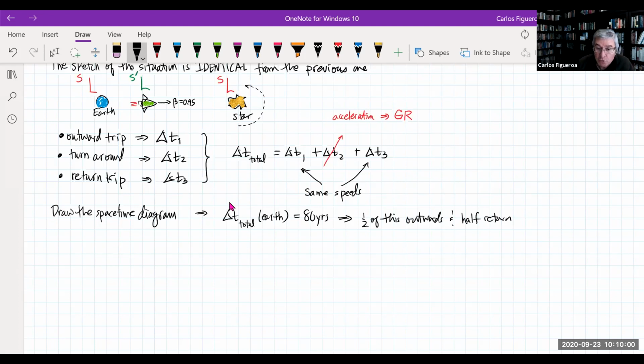I have two frames of reference that I have to consider, the Earth and the star. I agree that they're in the same inertial frame of reference, but they are spatially separated. So when I come in and I draw them, I think about something like this. And these are both CT here.